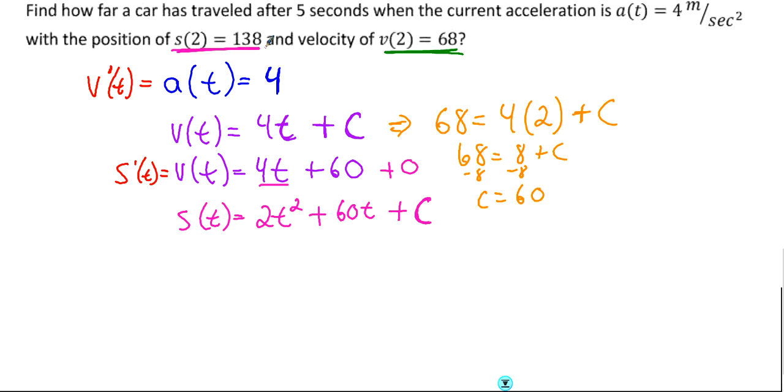Because I know that if I plug in 2 for t into my position equation, again, it should be 138. So that's what I'm going to do. I'm going to say, okay, 2 times 2 squared plus 60 times 2 plus some c has to equal 138.